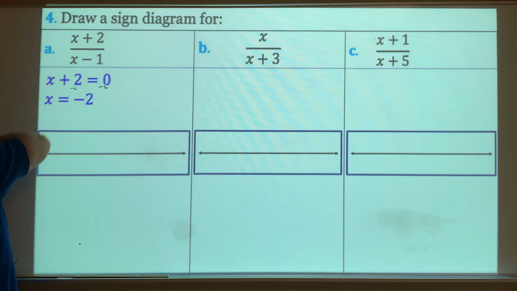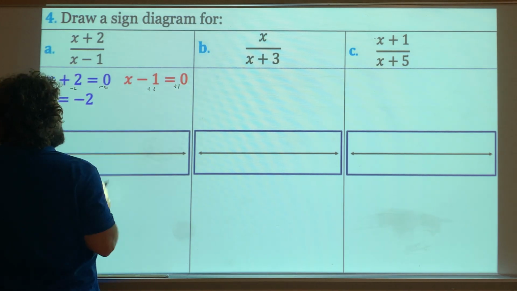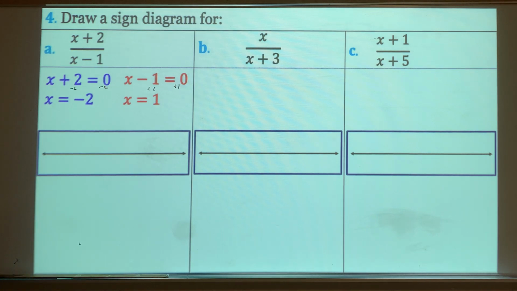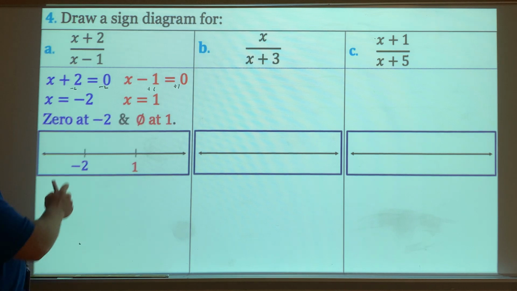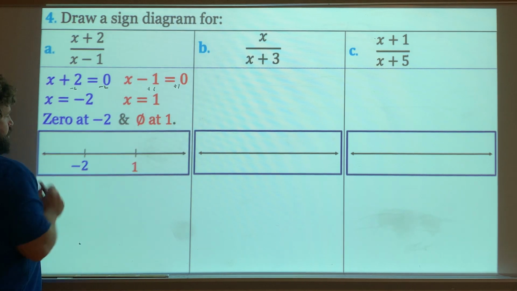Set the denominator equal to 0. You're going to add 1, and you get x equals 1. So this is where my asymptote is. This is where my x-intercept is. So negative 2, 1 has a 0 at negative 2, and it's undefined at 1.